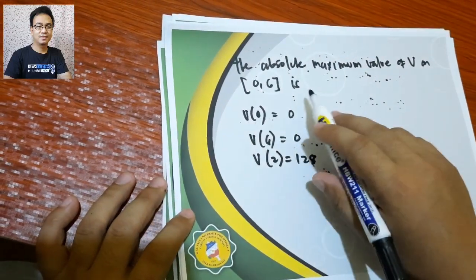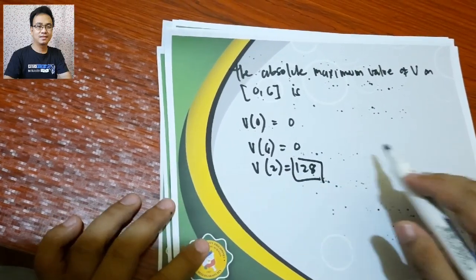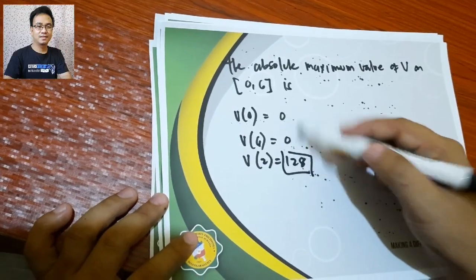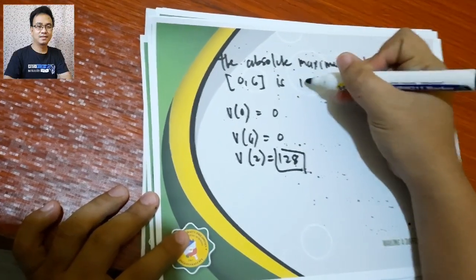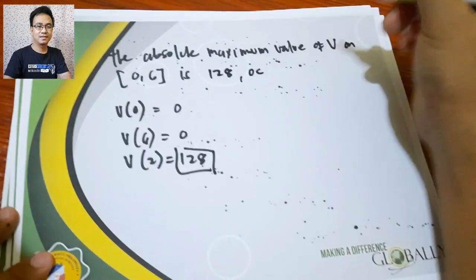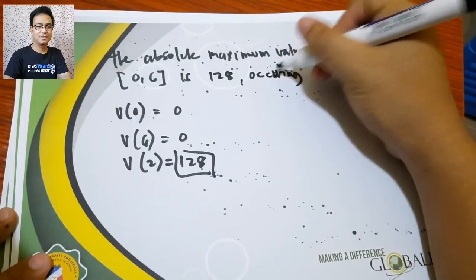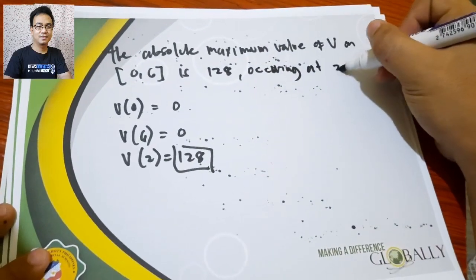So therefore, the absolute maximum value, as we can see, 128 is the maximum or the highest among the three, is then 128. And that occurring at the value of 2.